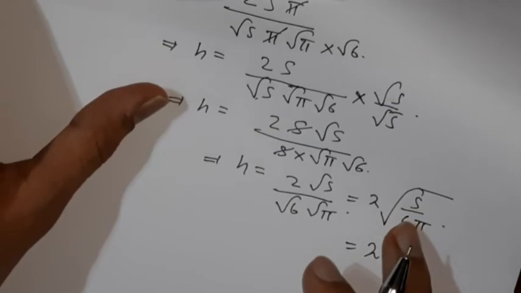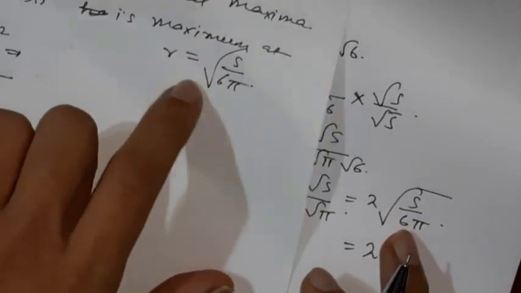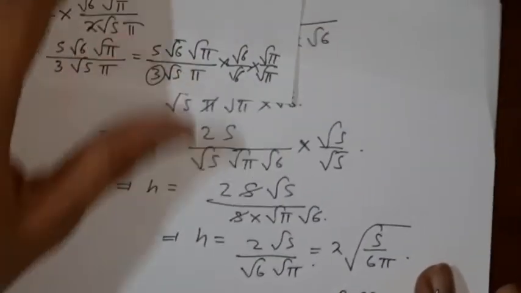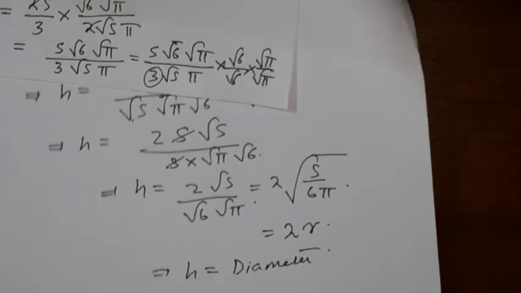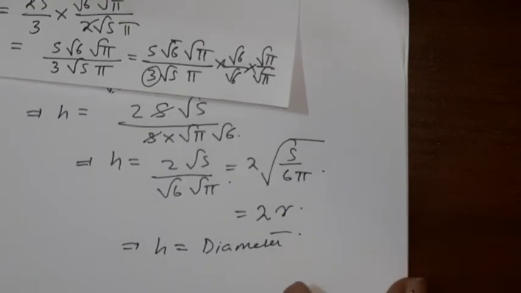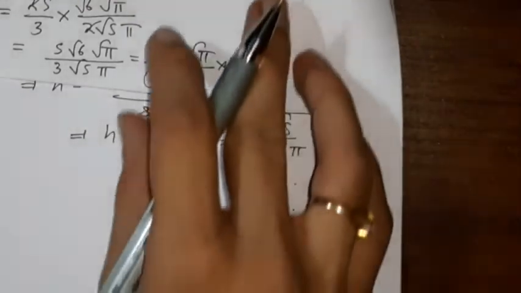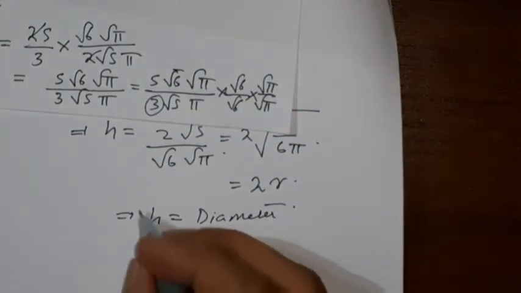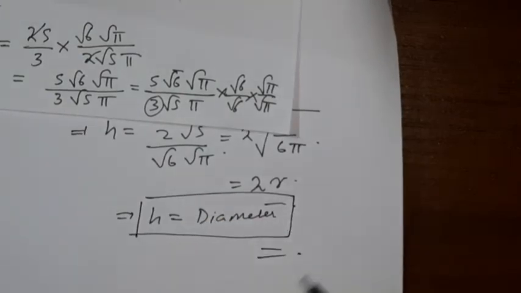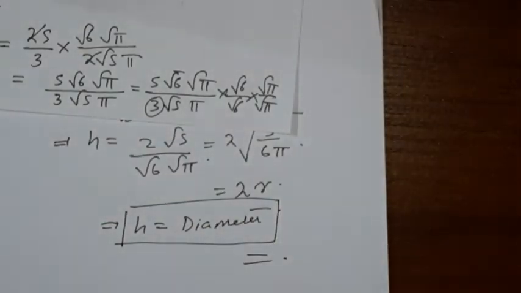This is 2 times r, this is r from here. Okay, so we are getting that height is double of the radius, which is nothing but height is equal to the diameter, right? Now we don't have to show at which h or r, we have to only show that h is equal to the diameter, right? So that is what we got. Okay, so this is the solution of problem 20.